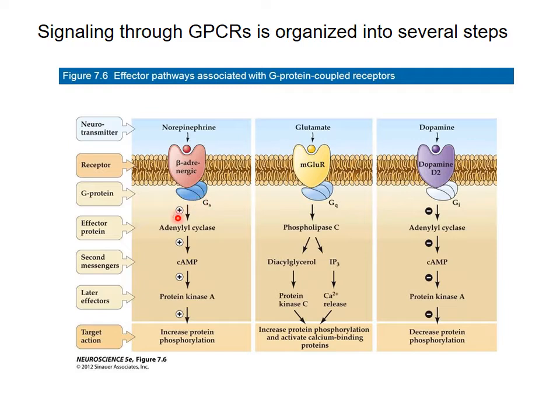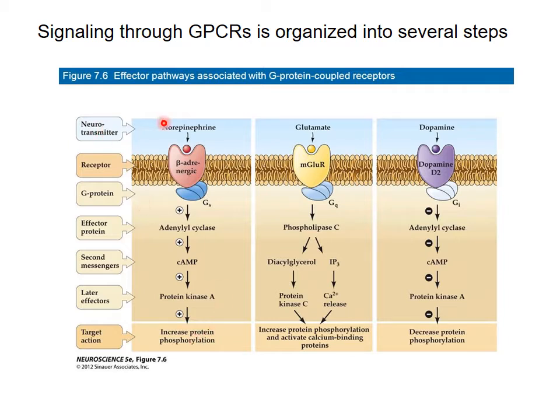That means that they stimulate or activate adenylyl cyclase, which is an enzyme that produces cAMP. So cyclic AMP levels will increase in cells when norepinephrine binds to beta-adrenergic receptors through the activity of Gs. That increase in cAMP is then going to activate later effectors, in this example protein kinase A, which will increase protein phosphorylation of its targets in a cell.